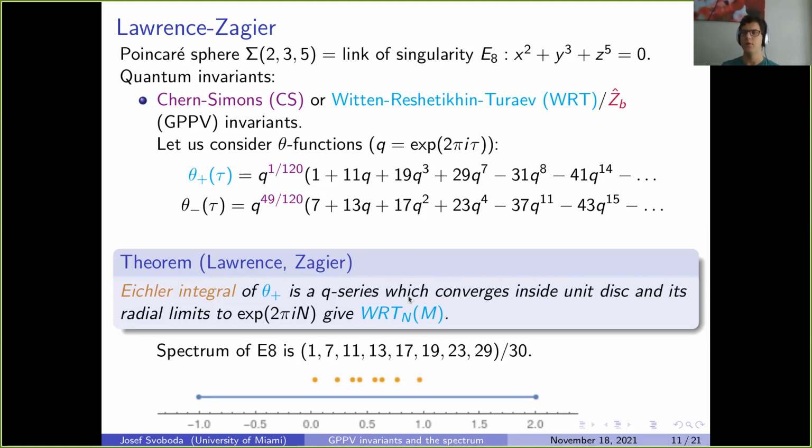So basically, Lawrence and Zagier were really optimistic that you can do this for any three manifolds, and now Zagier has a very recent paper with Garoufalidis doing this for hyperbolic three manifolds.